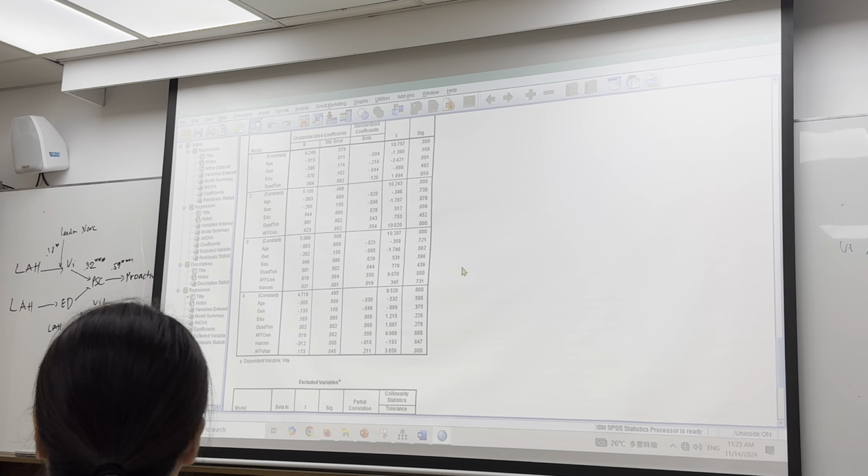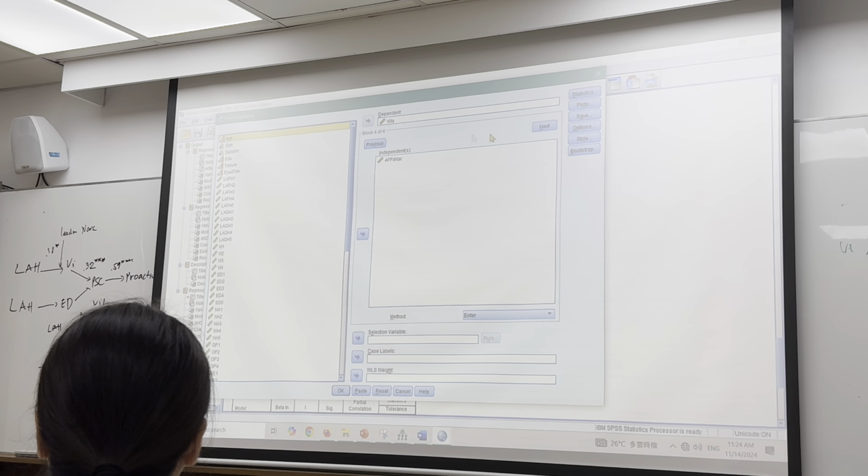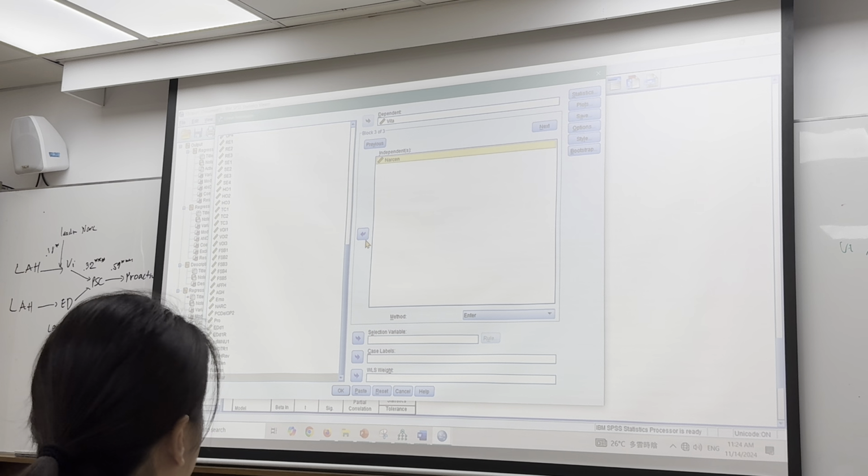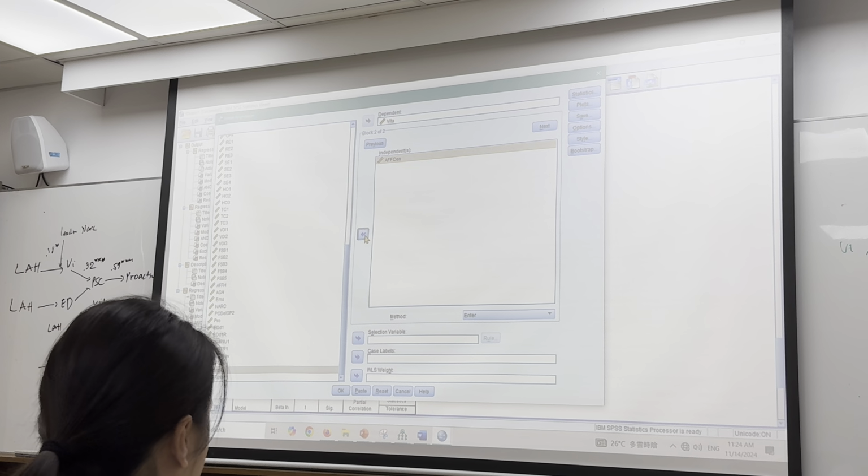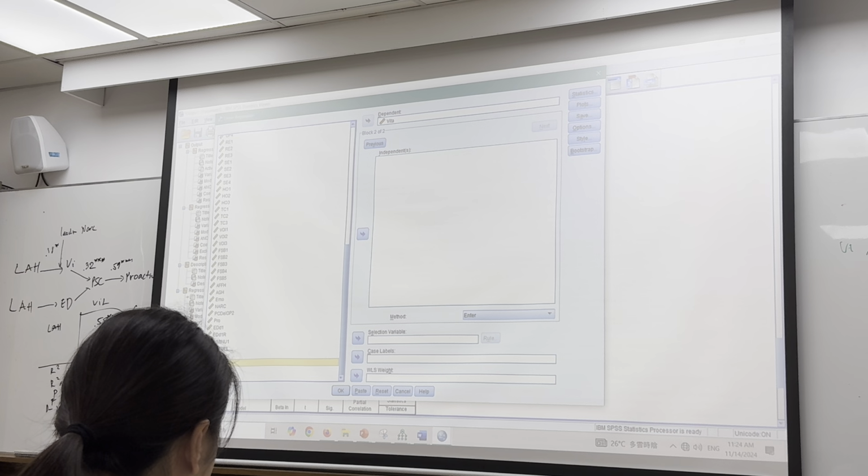Also, because of model 3, you cannot use this model to say that narcissism does not significantly affect this one, because we have other constructs here. If you want to fully prove this, you have to run this separately, in regression. You need to start from here to be able to conclude.